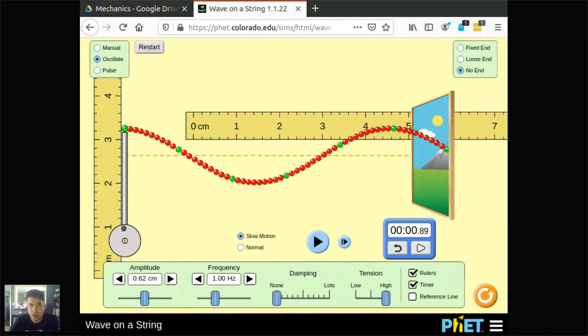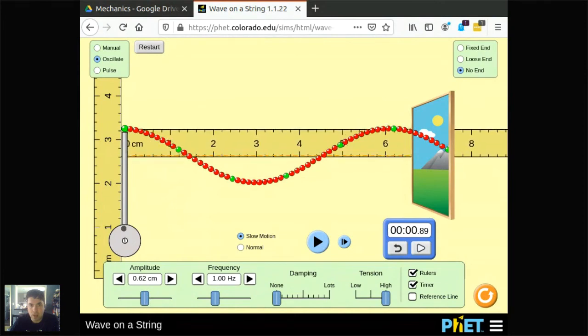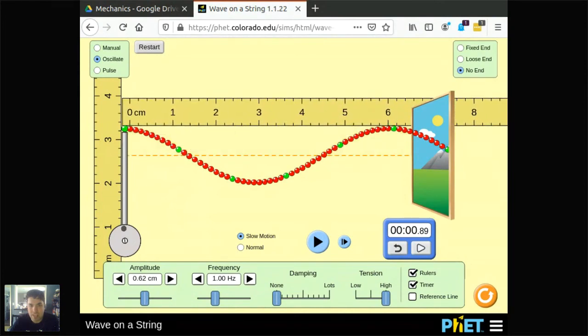Now looking at this, we see this wave is almost 6 centimeters long. The wavelength, the length of the wave, changed because we just stretched out that wave. The interesting part, and I'm sure you will talk about this soon if you haven't already, is that the product of the frequency and the wavelength, v equals f times wavelength, gives us the speed of the wave.